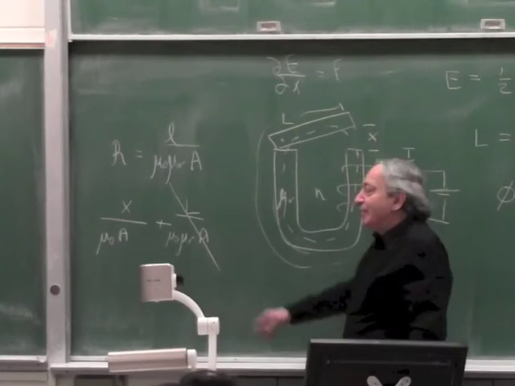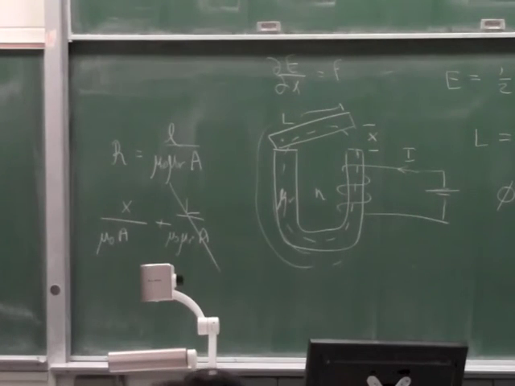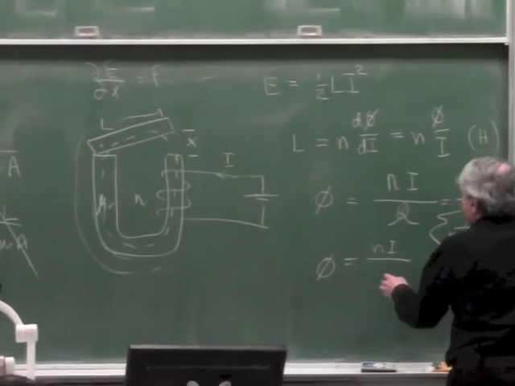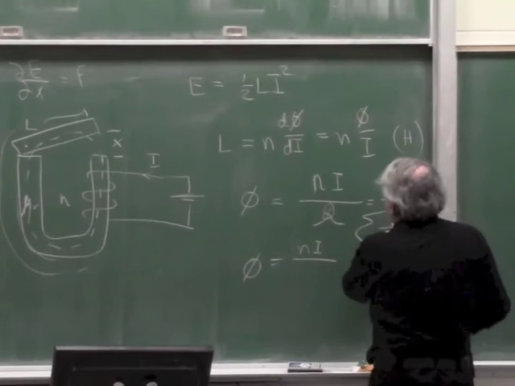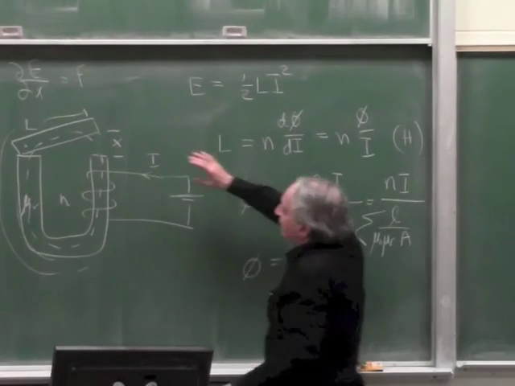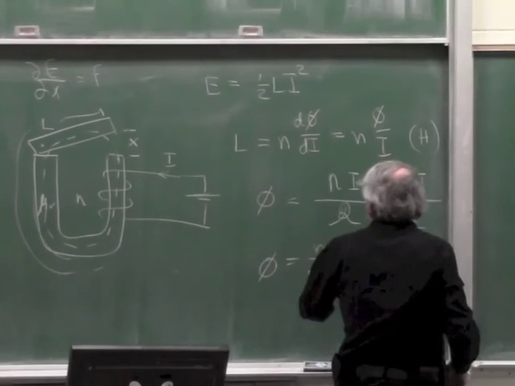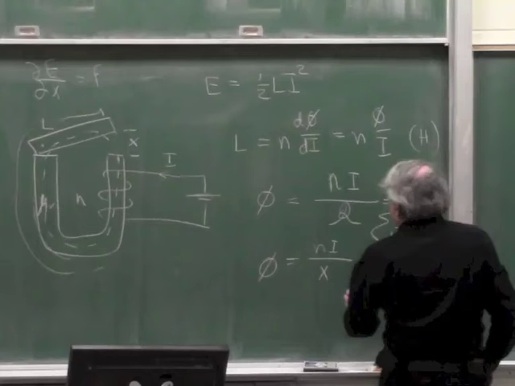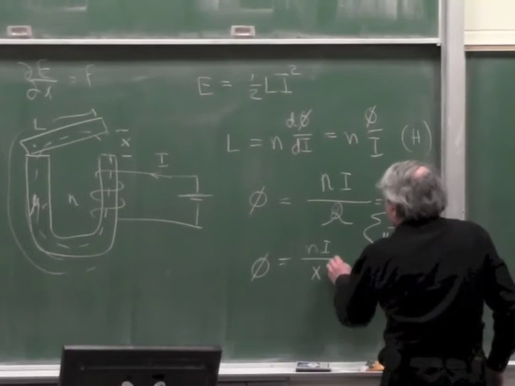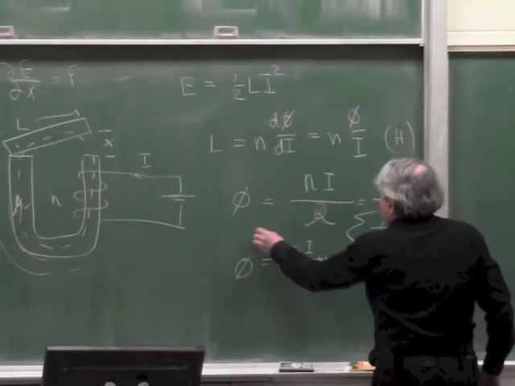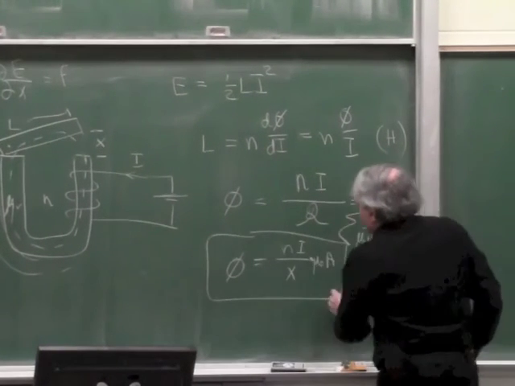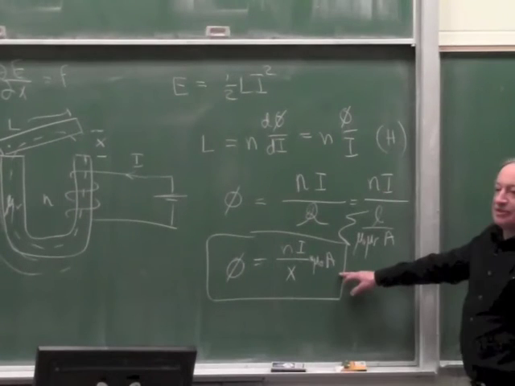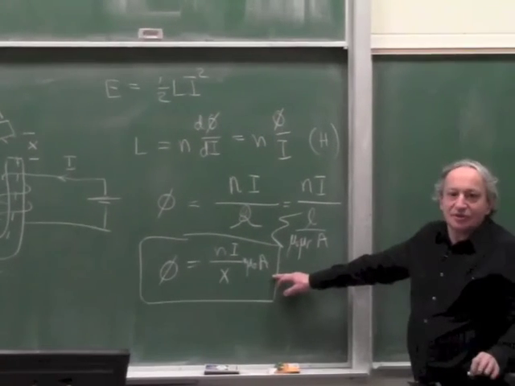So we can simplify this formula: phi is simply Ni divided by x times mu 0 A, because now we are only taking the air gap x into account. Okay, is everybody with me so far? If not, stop me. Okay, good.